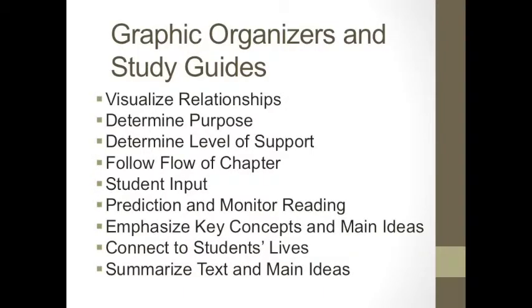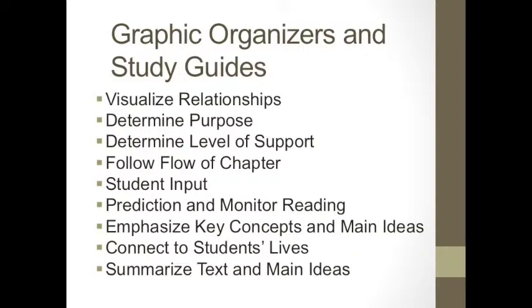And then another key thing around literacy with social studies for informational text is thinking about graphic organizers and study guides, how you can help students visualize relationships, determine purpose, determine the level of support, and follow the flow of the chapter or the text.